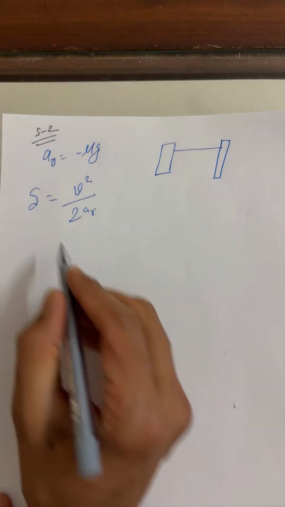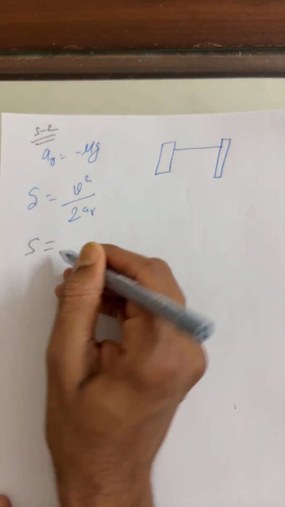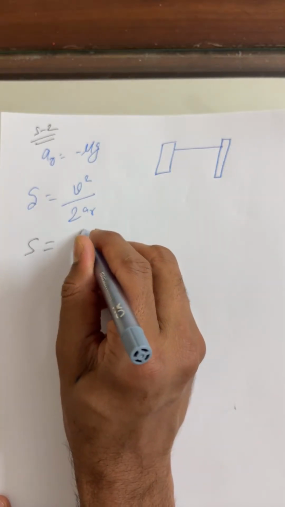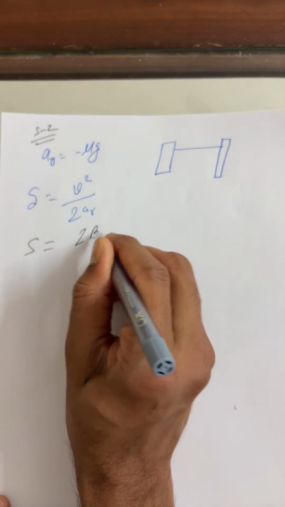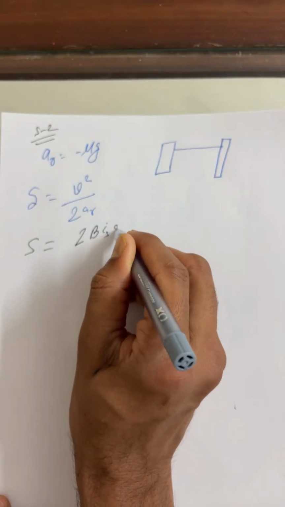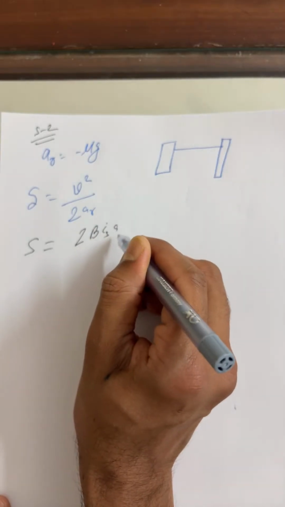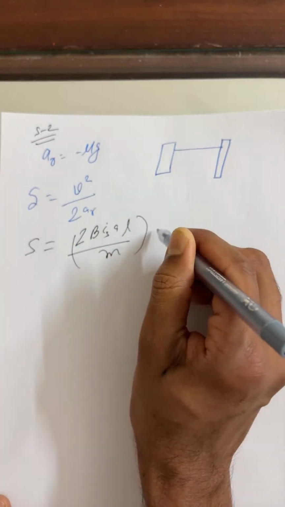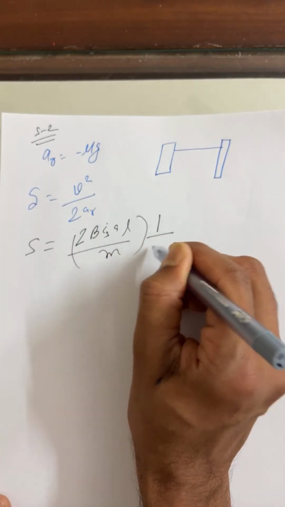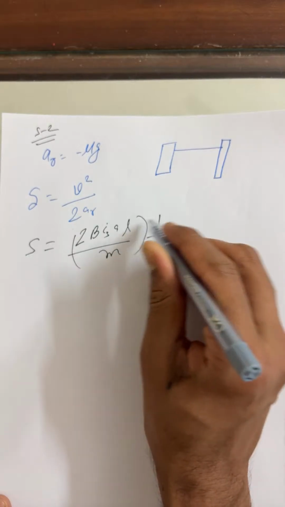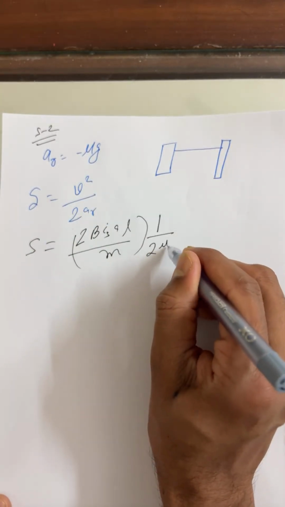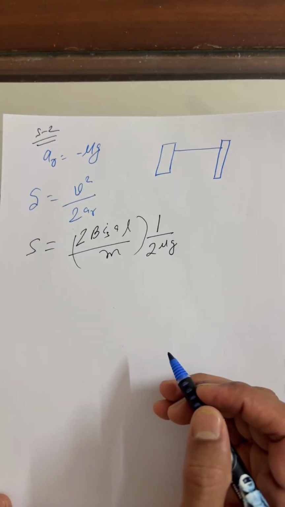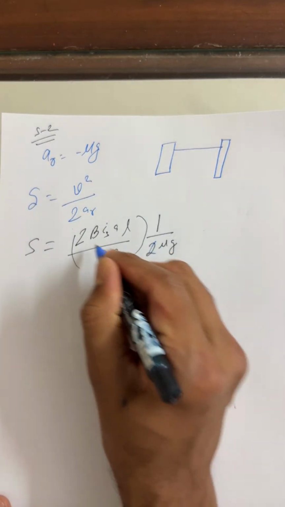So V square means twice B into A into L upon M, into 1 upon twice of a_r, and a_r is mu here. No need to take the minus convention, minus just means retardation.